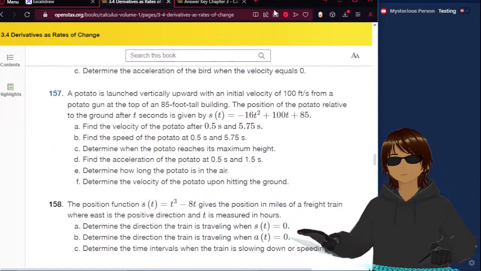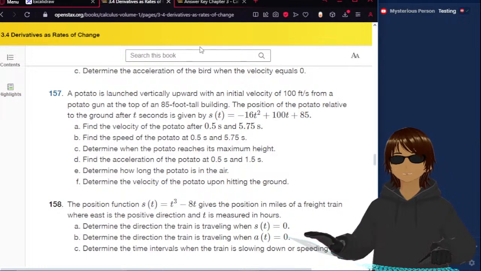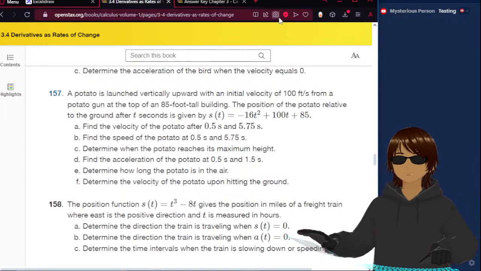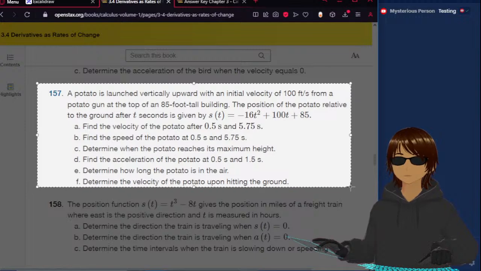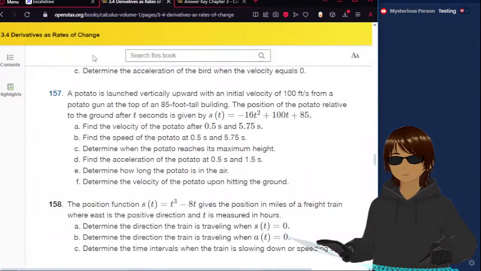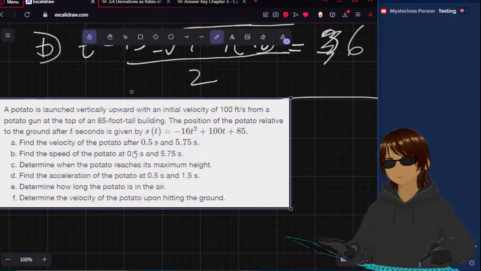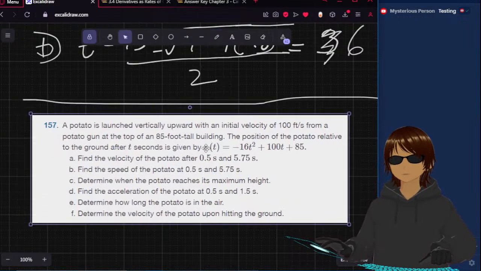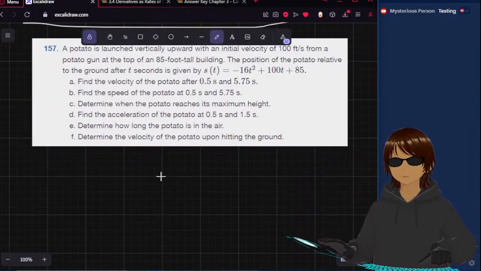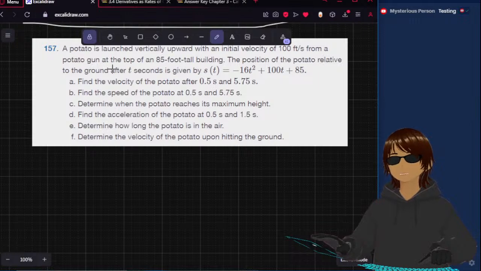A potato is launched vertically upwards with an initial velocity of 100 feet per second from the top of an 85-foot building.